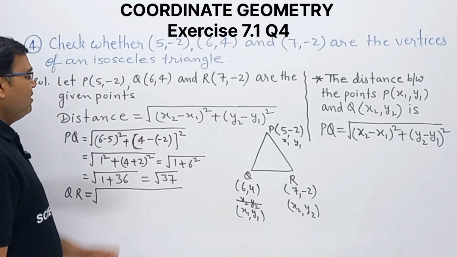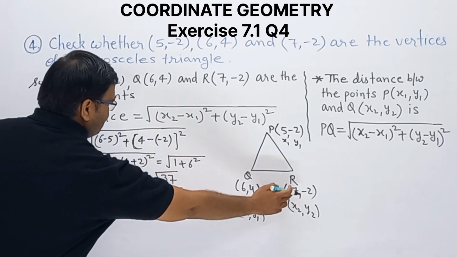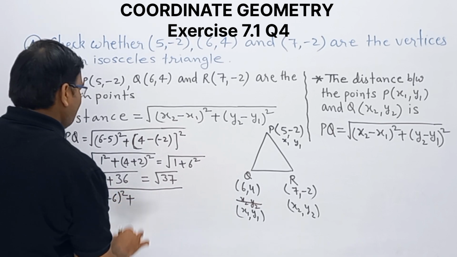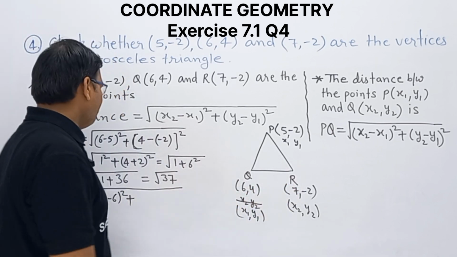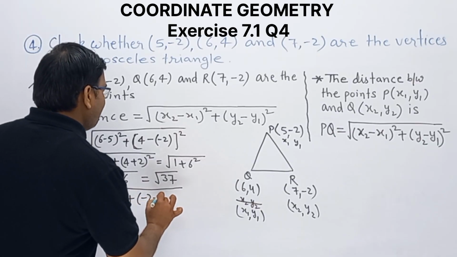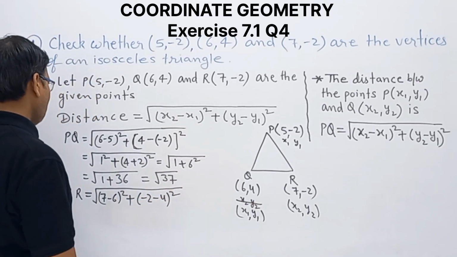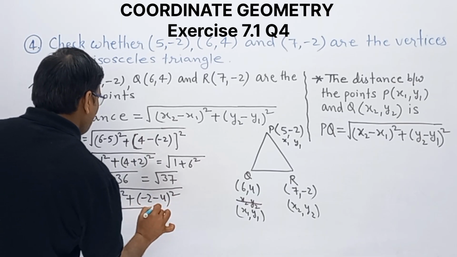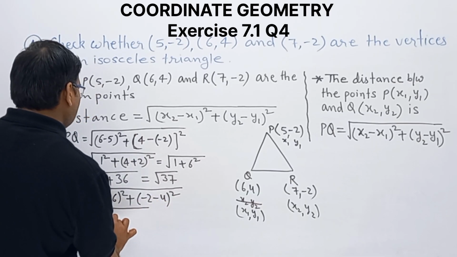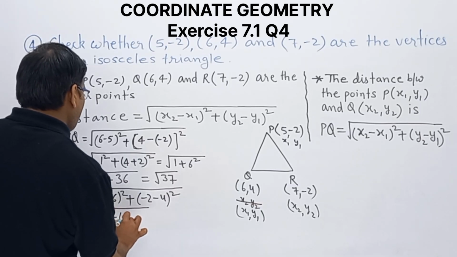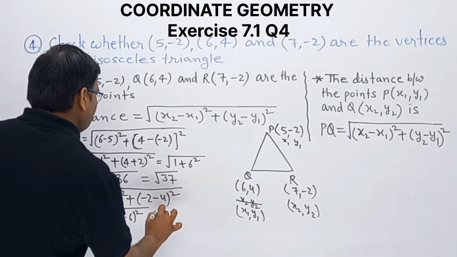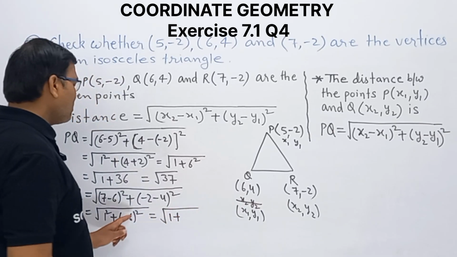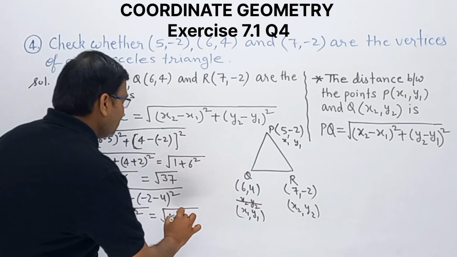So what about the formula? Square root of (x2 minus x1), 7 minus 6 whole square, plus (y2 minus y1), -2 minus 4 whole square. Solve this one. This can be written as the square root of 1 square plus (-6) square. 1 square will be 1, plus minus square will be plus, 6 square will be 36.